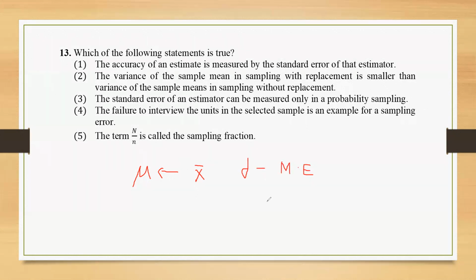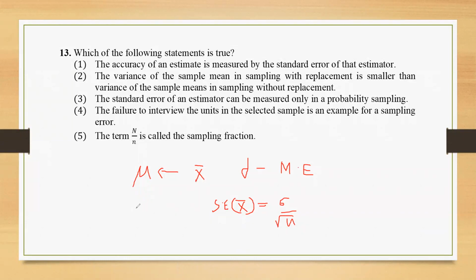If we use the standard error for x bar, what is the standard error? For x bar, the standard error is sigma over square root of n. So this is the standard error for the sample mean x bar. We can use standard error to measure the precision, not the accuracy.